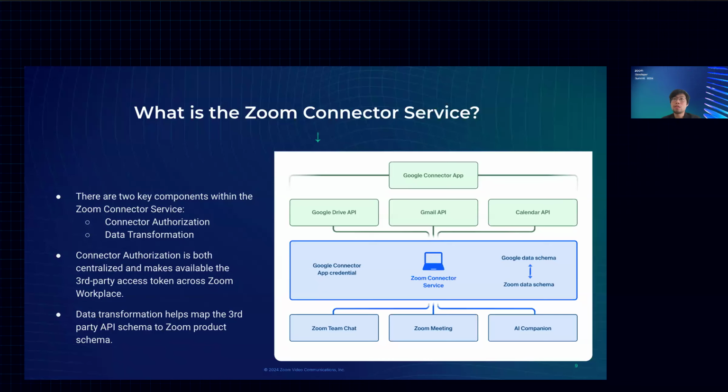And then we also handle the Google data schema and transforming it to Zoom data schemas that Zoom products and features would understand. So with the Connect feature, you as a developer really only need to worry about your user, your use case, and the data that you plan to bring into the Zoom platform.